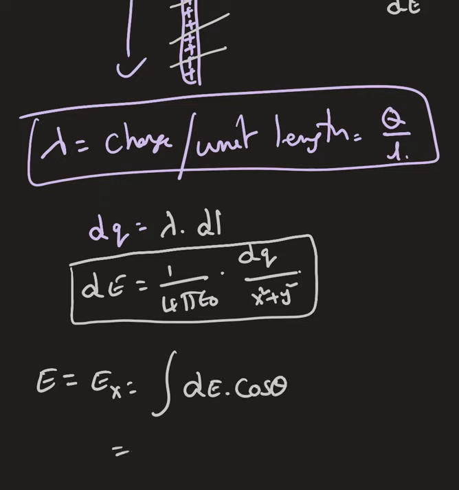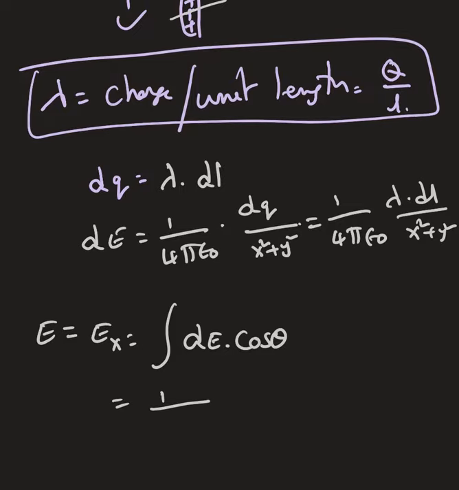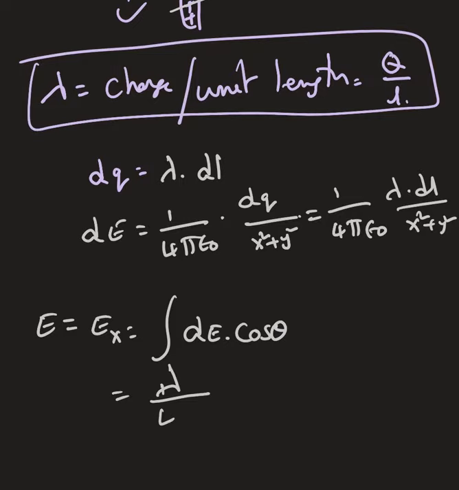Okay, so I'm going to pull out 1 over 4 pi epsilon naught outside. Actually, I'm going to convert this dq into dl. So 1 over 4 pi epsilon naught lambda times dl over x square plus y square. So lambda over 4 pi epsilon naught, I'm going to pull this out, and we'll end up with cos theta over x square plus y square times dl.